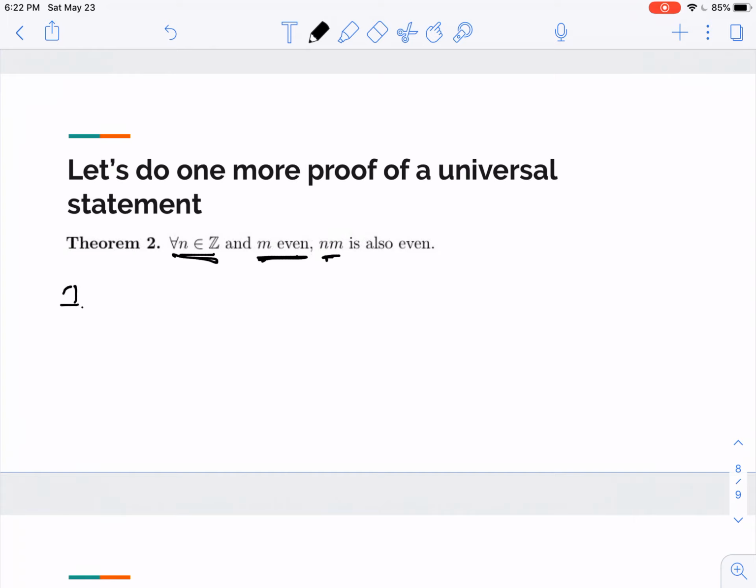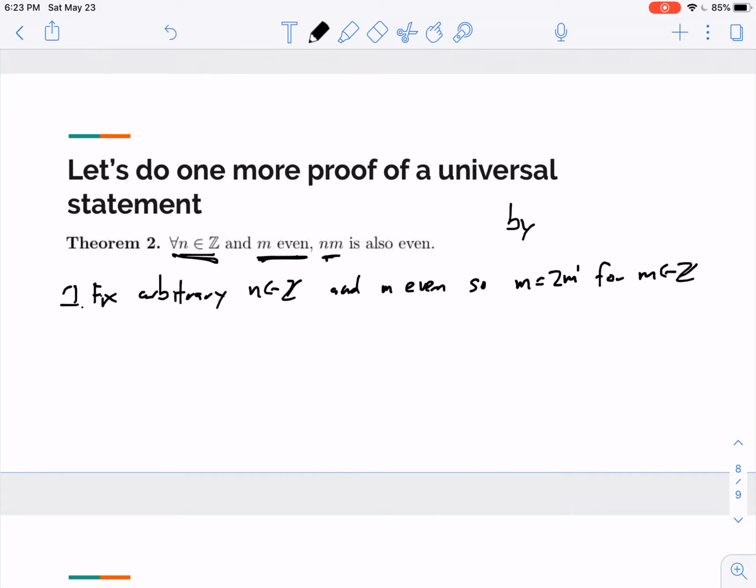First, fix arbitrary n in z, so fix an arbitrary integer n and m even. So that means that we know that m is equal to 2m prime for some m prime in the integers, because that's the definition. This is by definition.